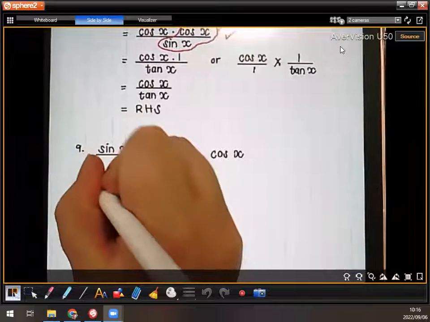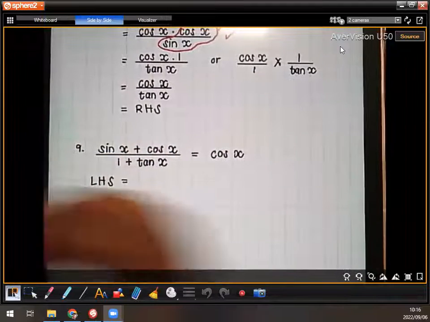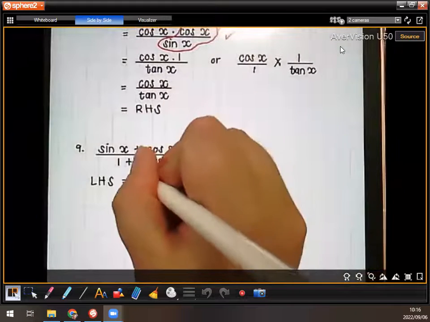Now I did give you guys a hint for this one yesterday. And guys, another thing is, if you don't know what to do, change tan to sine over cos. You will get a mark for that.